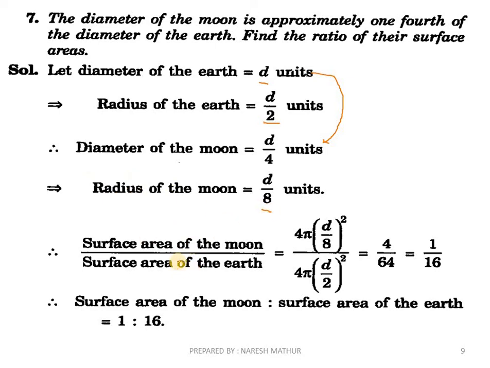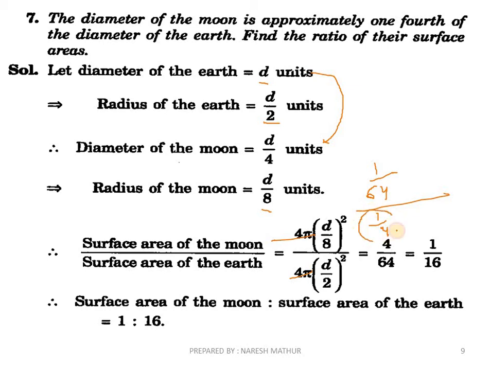Now we need to find the ratio of the surface areas of the moon and the earth. So we can just apply the formula of the surface area of a sphere, that is 4 pi r square. So it will become d square by 64 and d square by 4. The d square will also be cancelled. So it would be 1 by 64 upon 1 by 4.